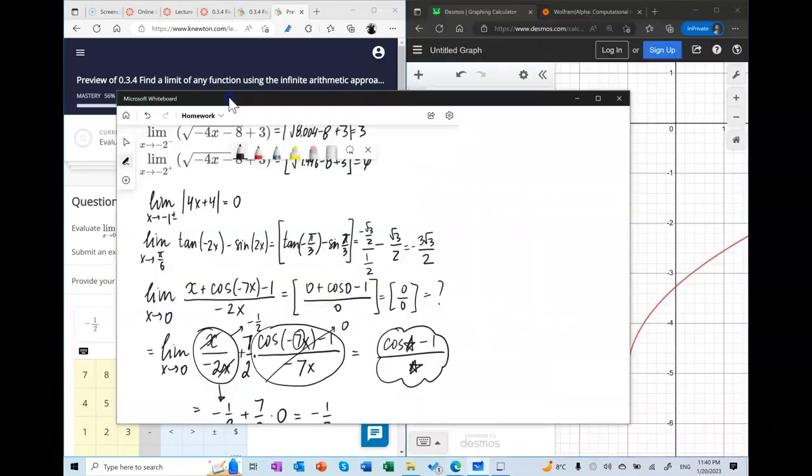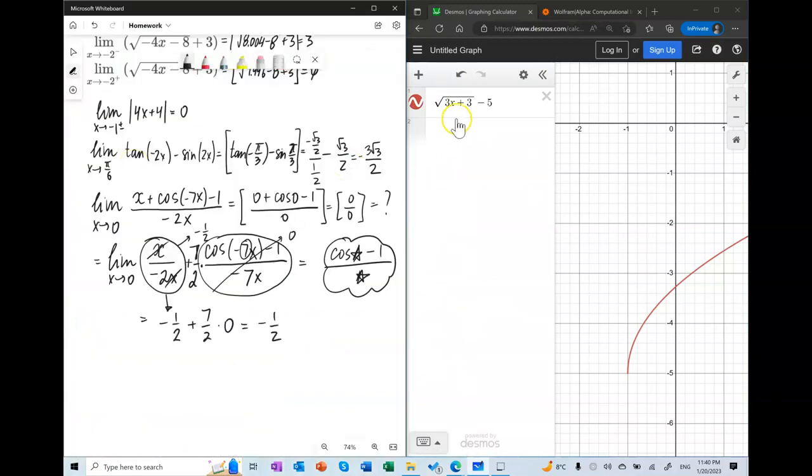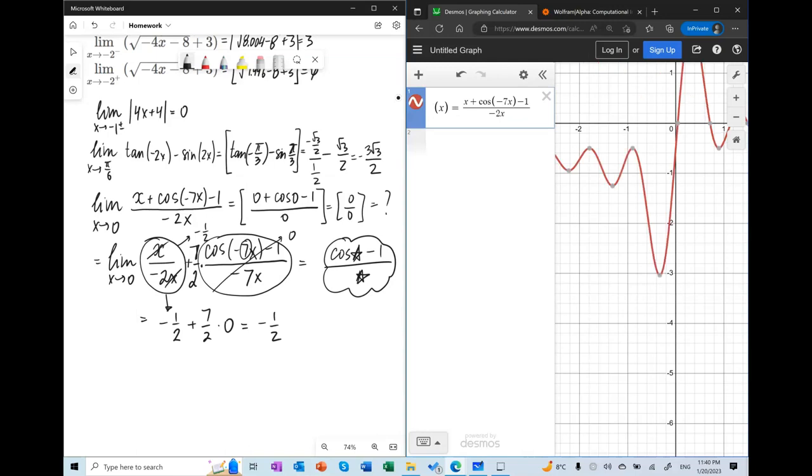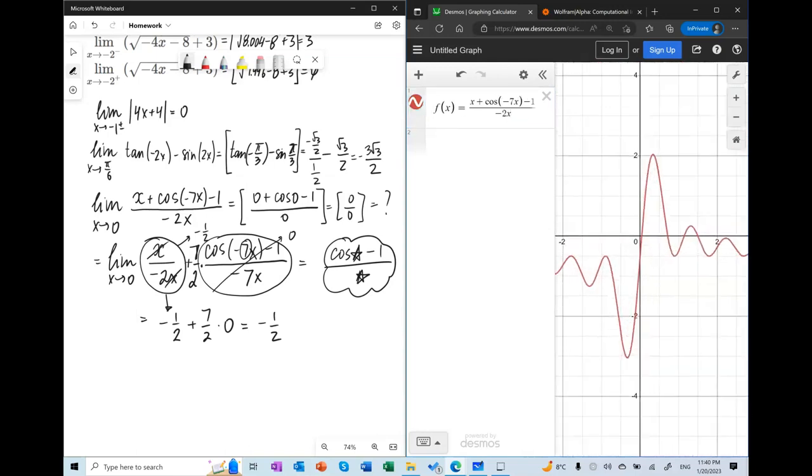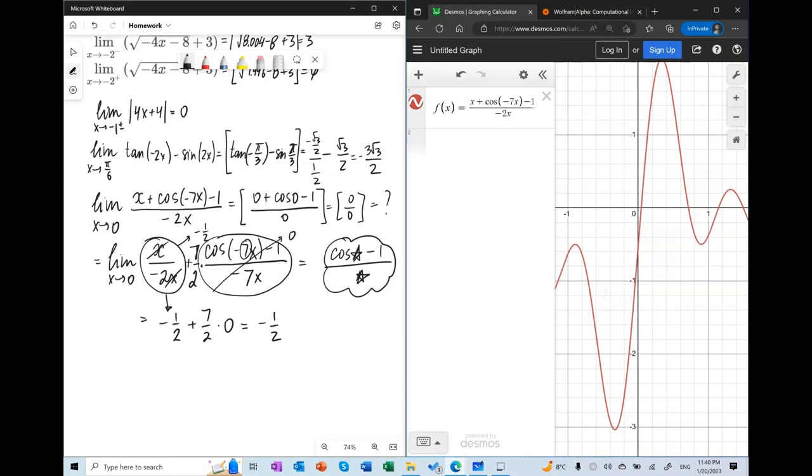And again, we can always check this using a graphing approach and simply graph this function. If you look at this function, the graph looks pretty cool. And we're looking at 0.